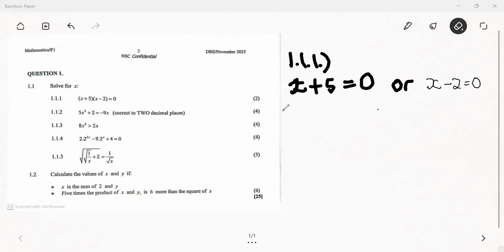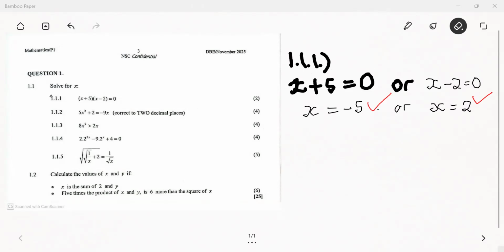I think the thinner pen is faster. So all you do now, this is a grade 8 equation, you can solve this by inspection or take these numbers to the other side. You get two solutions, x = -5 or x = 2. Then you are done. So that would be your 2 marks, 1, 2. Done. Let's go to the next question.